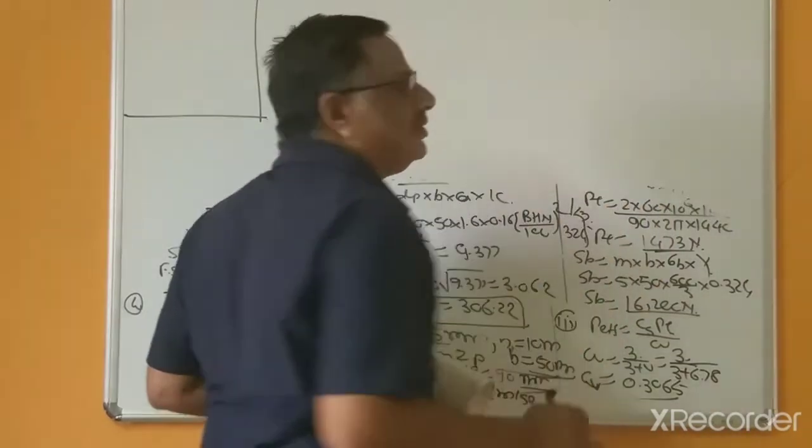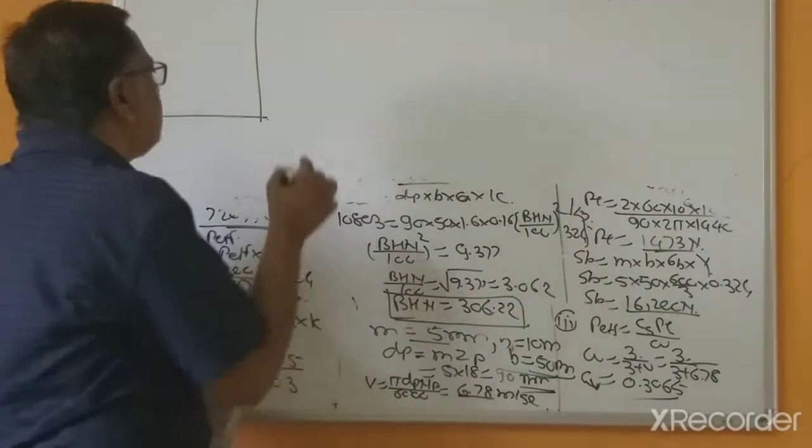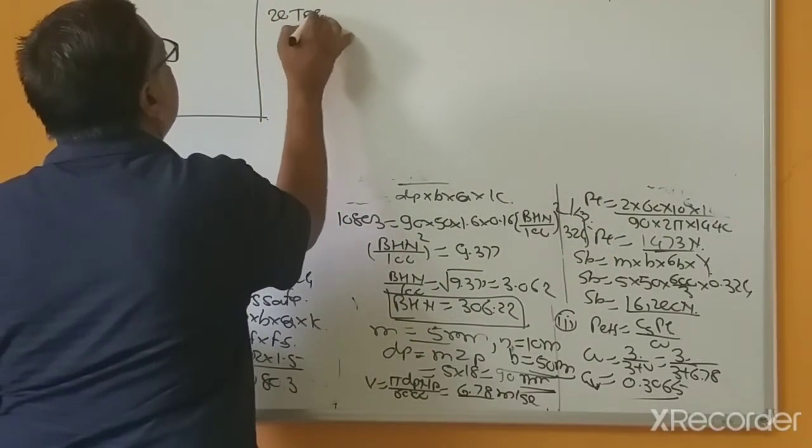So in this problem, the number of teeth is directly given as 20 teeth.